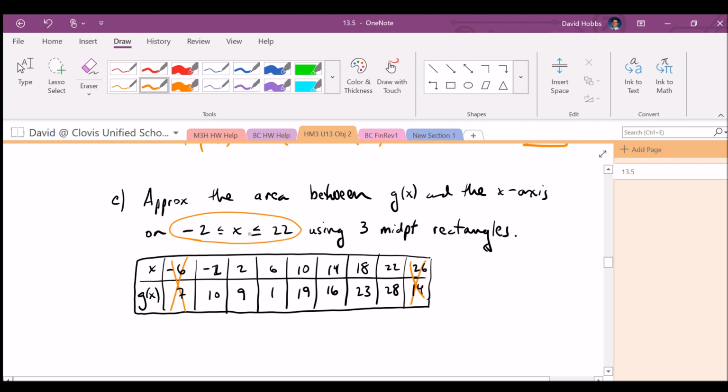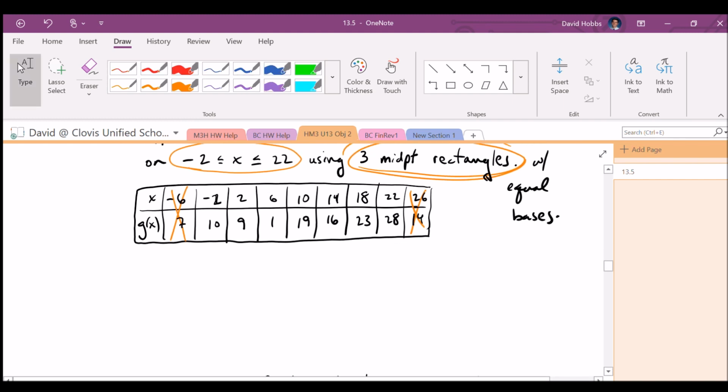So we always got to pay attention to the interval that they're talking about. 3 midpoint rectangles. And that should be saying with equal bases. So I apologize, I left that off. That was supposed to say with equal bases.